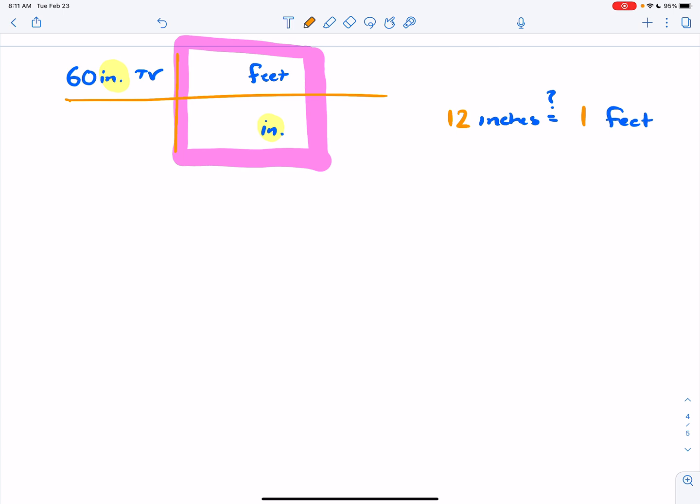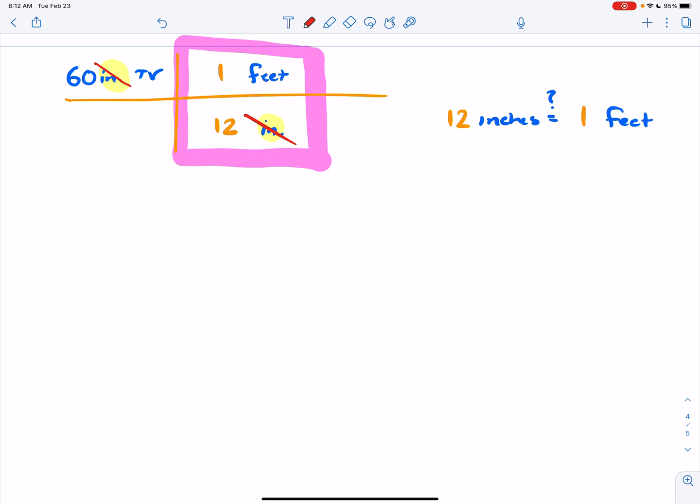Press play when you're ready. It doesn't make sense to say that 12 feet is 1 inch because that doesn't make any sense. So we know that 12 inches makes 1 foot, all right? Mathematically, this causes the units, inches, to cancel out because you have one at the top and one at the bottom. You're like cross-reducing in a sense, okay? So all you have left is feet, okay?